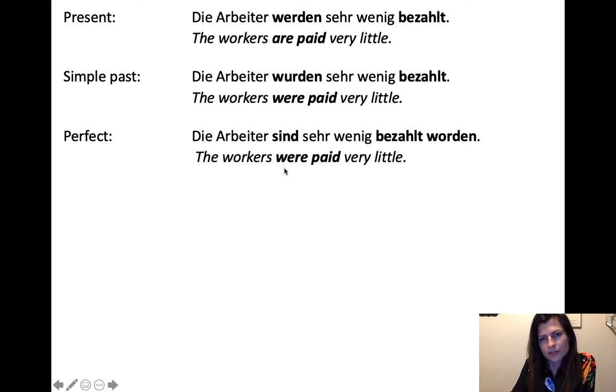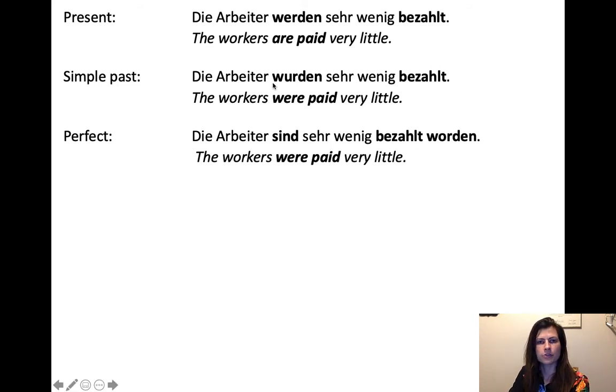I guess the workers have been paid very little would be another way, but the meaning is the same between these two past tenses. So, sind sehr wenig bezahlt is then the past participle, and worden is kind of like a past participle, but it's a weird special past participle that's only used in the passive.